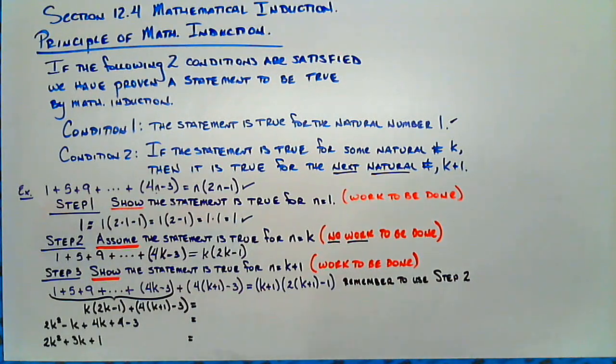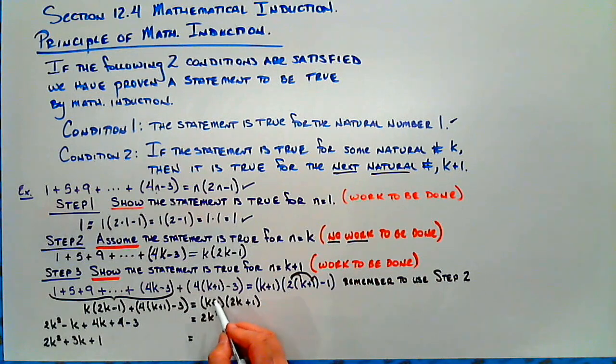Now, we're really hoping that this side is going to match that side. So let's multiply it out and see what we get. Right now we have k plus 1, right? Let's clean this up. This is 2k. This times this is going to be 2. 2 times 1 is 2, minus 1. 2 minus 1 is 1. Well, we can FOIL this. What's 2k times k? That's going to be 2k squared, right?